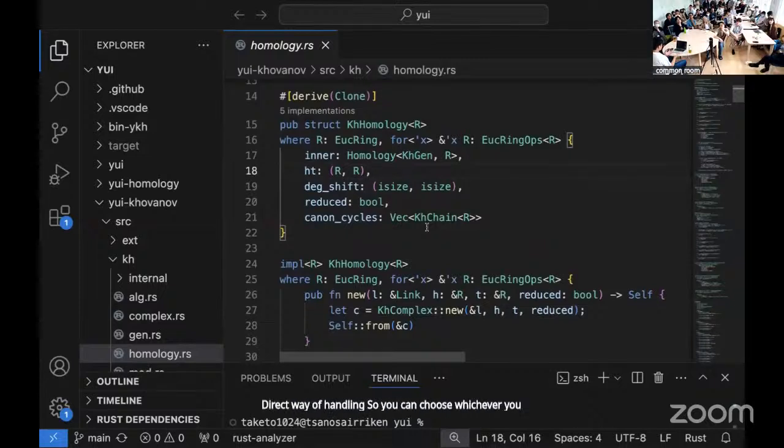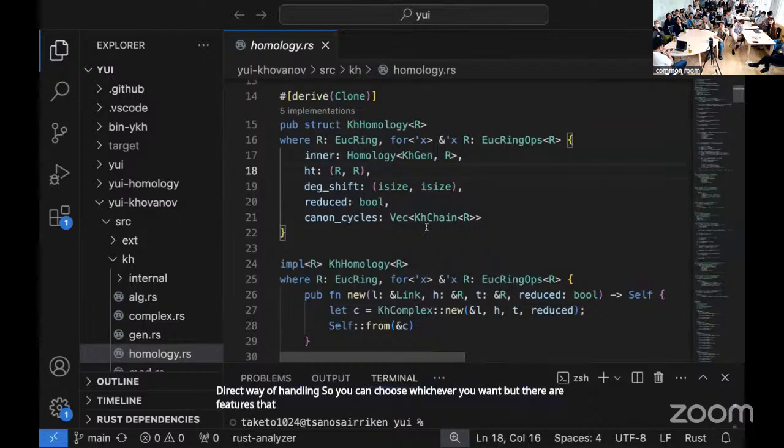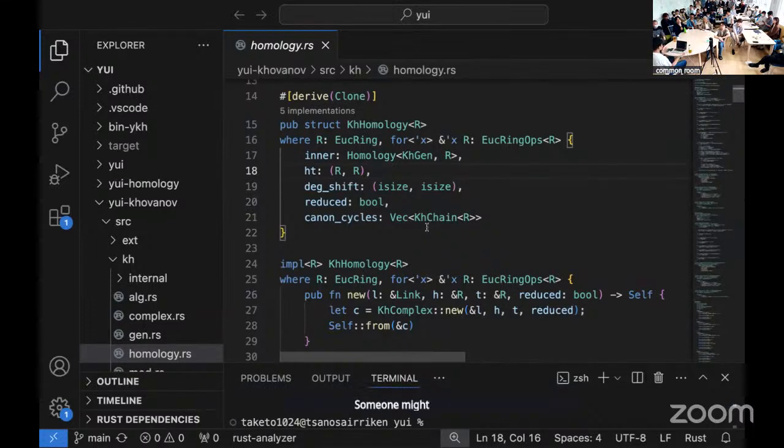There are features that specific programming languages have, and some don't, so you have to choose which fits your needs. Someone might like C++, someone might like Java, someone might like Python. So it's up to you. You can choose whichever you want.